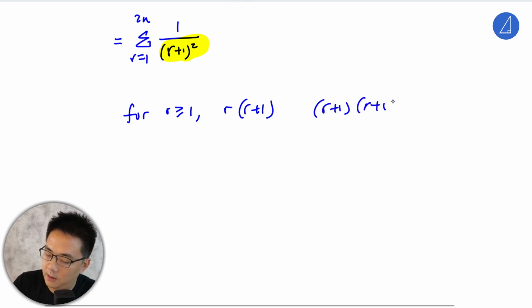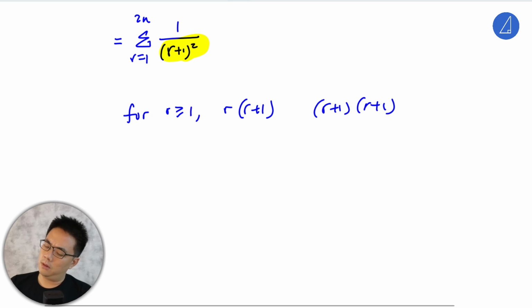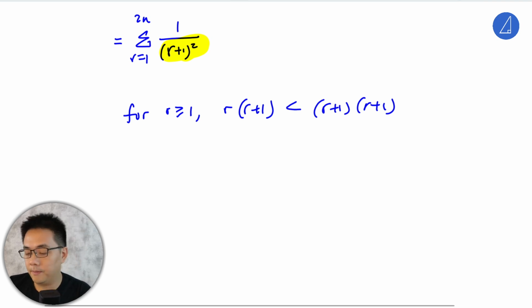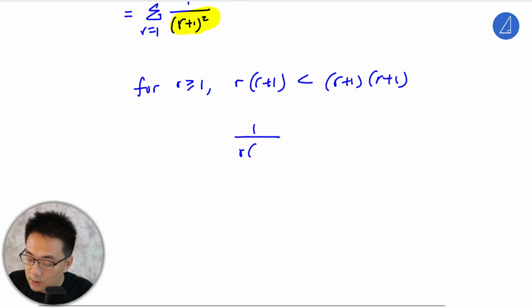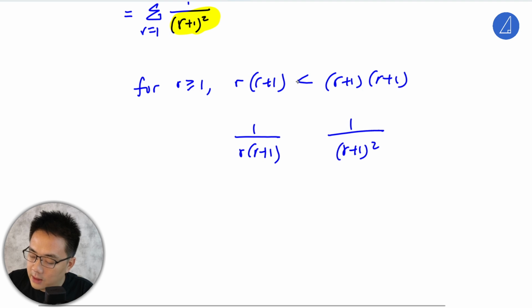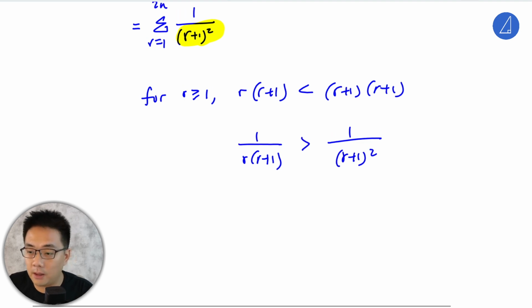Which one is bigger? This guy will be bigger, because this is r+1 and this is r+1, so this guy will be bigger. Once this is established, what you can do is just take the reciprocal. When you take the reciprocal, obviously this side will flip.